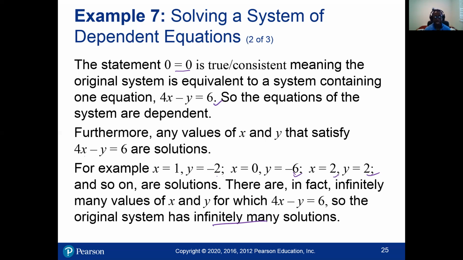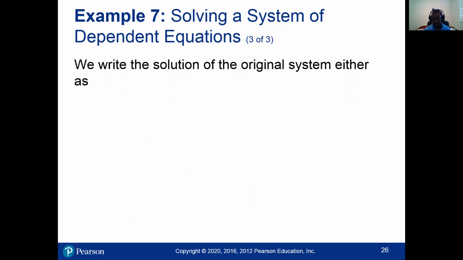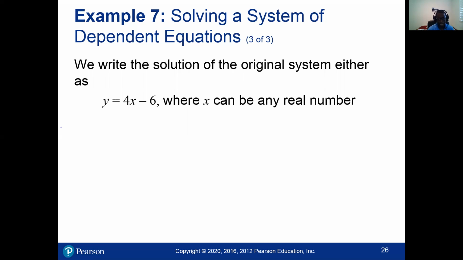Now, how do we write the solution of this original system? When I solve for y, it will be equal to 4x minus 6, because you have 4x minus y equal to 6.